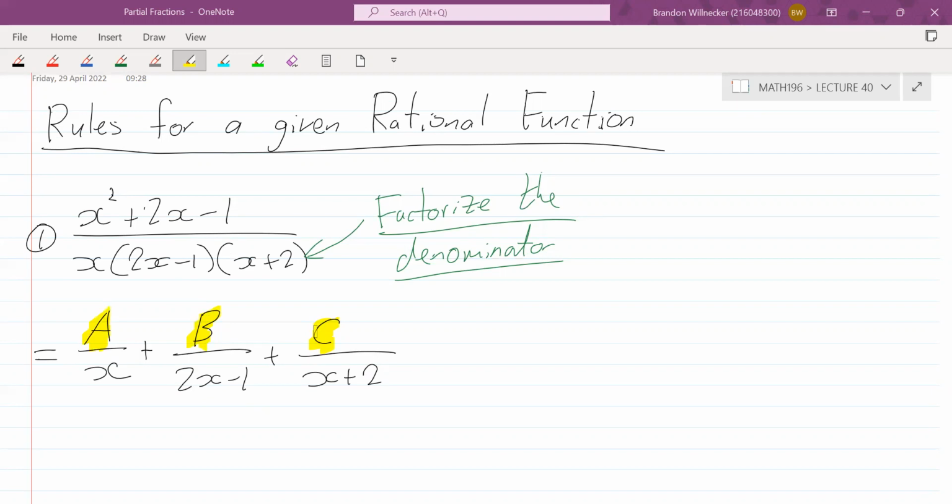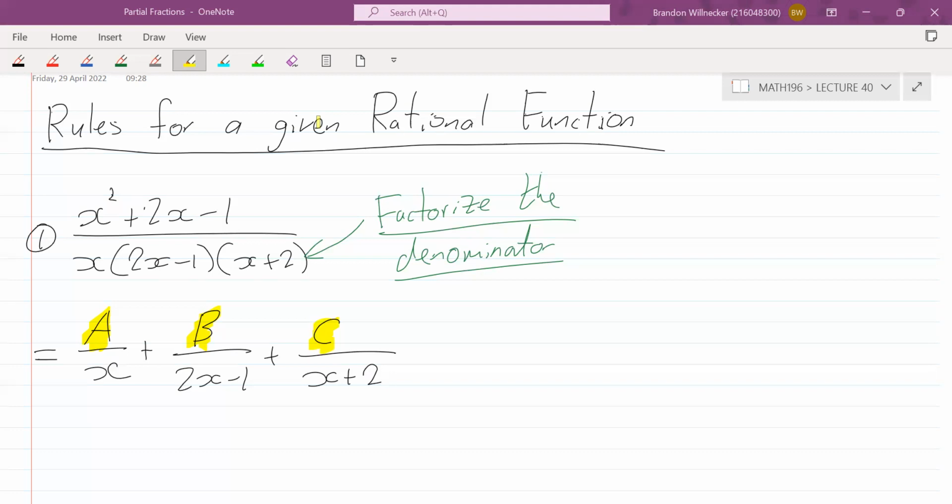Okay, just to go over this again: given a rational function, you check that the degree of the numerator is less than the degree of the denominator. If it's not, you have to do polynomial long division, which we covered last time. Once that's done, you factorize the denominator. Here we factored it into 3 terms being multiplied.